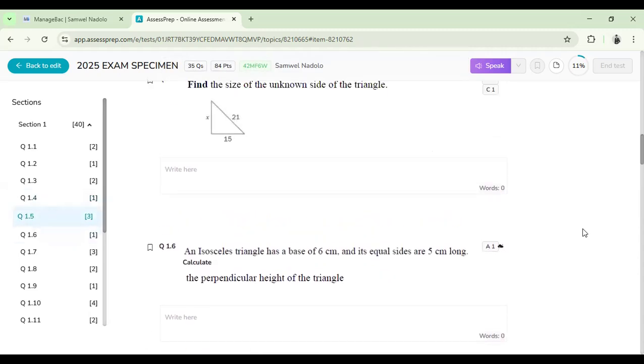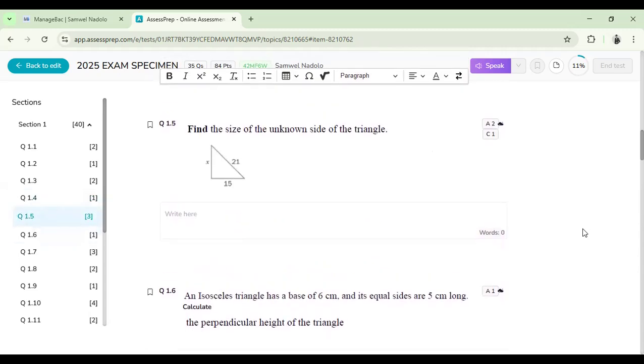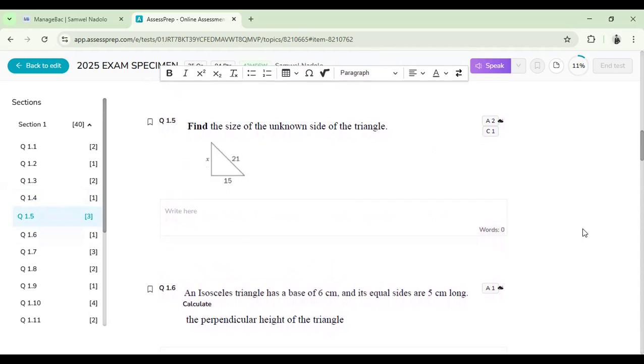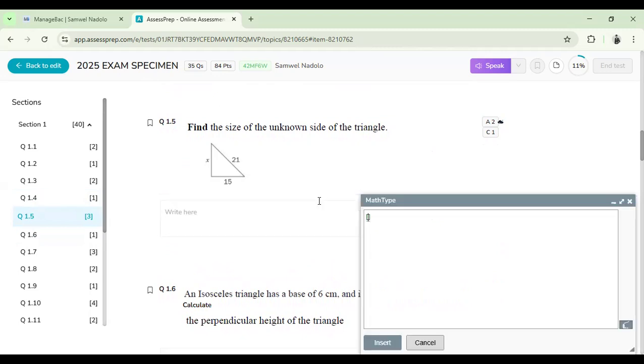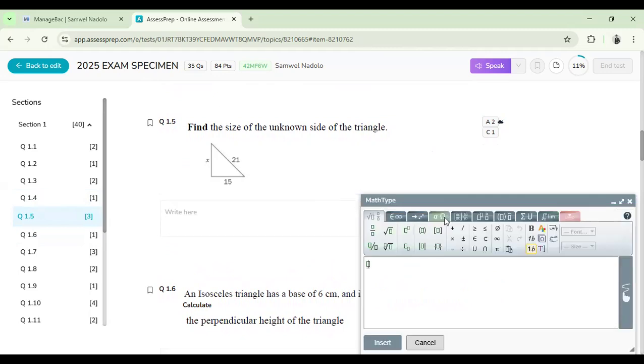And then look at question 1.5, find the size of the unknown side of the triangle. So this will require us to use Pythagoras theorem. Formulas will be provided and you'll be able to refer to that if you have forgotten.